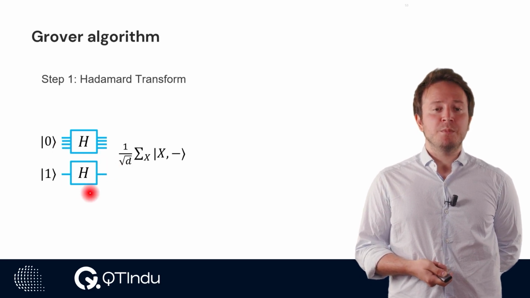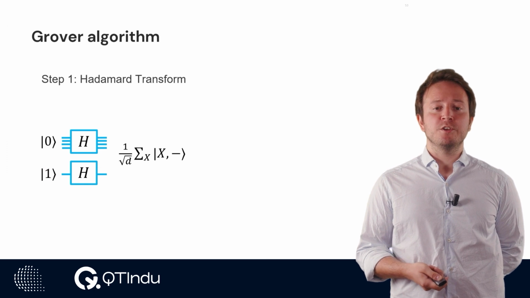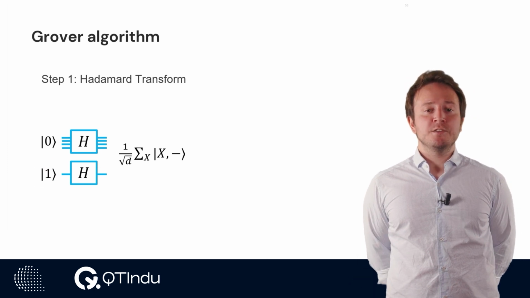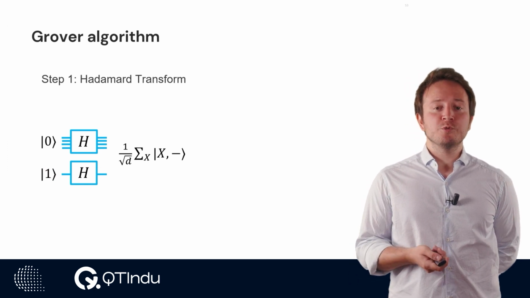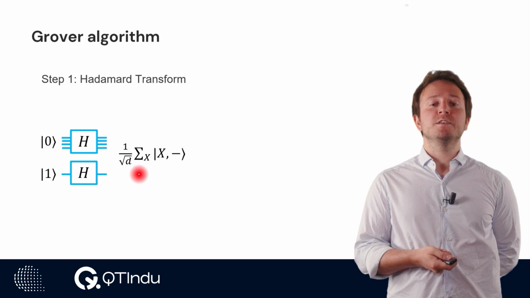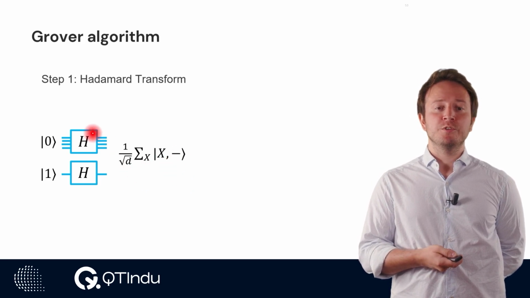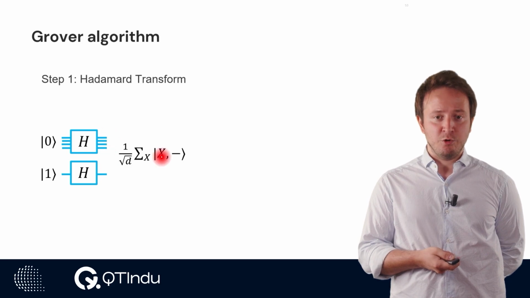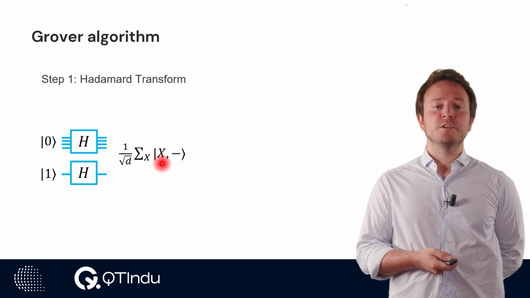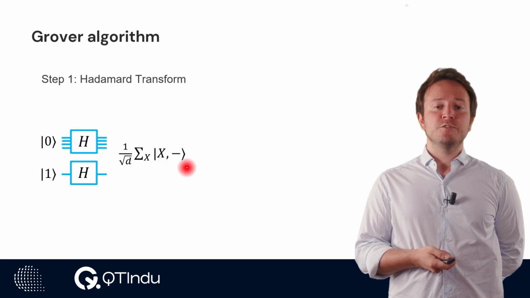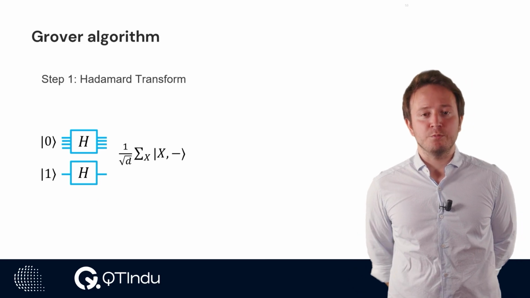And we also apply a Hadamard gate to the state 1 of the ancillary qubit. Just like the Deutsch-Jozsa algorithm, the output state will be given by the superposition with equal probability of all the possible states in the qubit register, tensor with the minus state of the ancillary qubit.